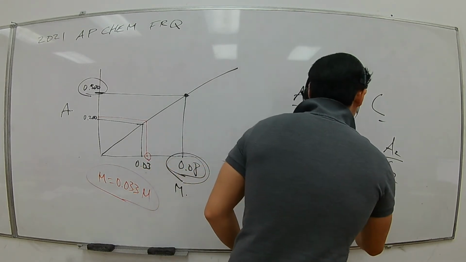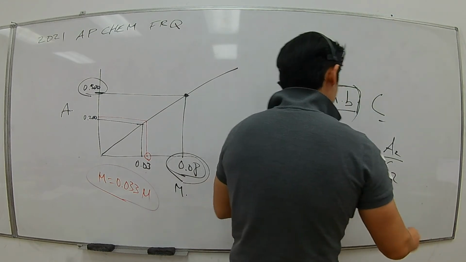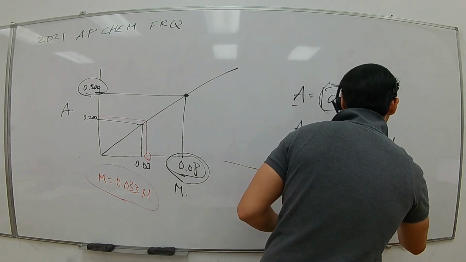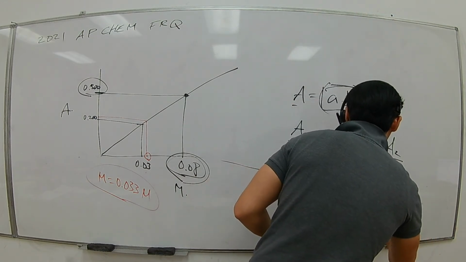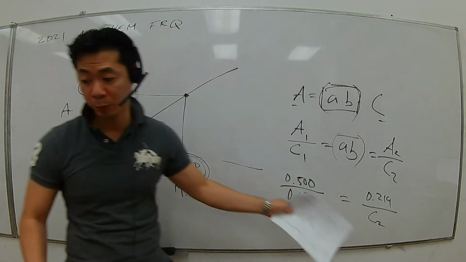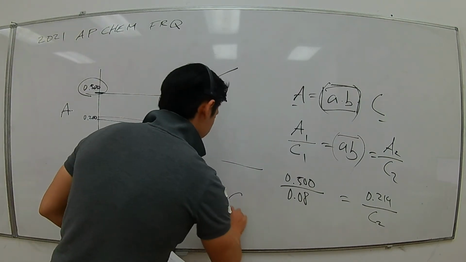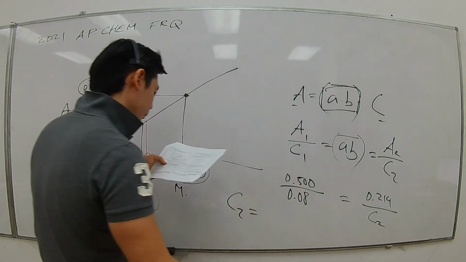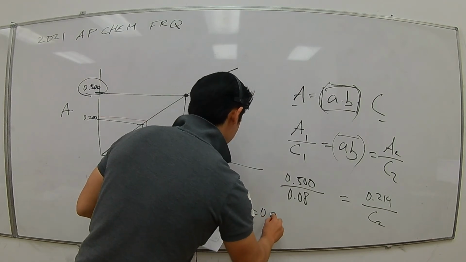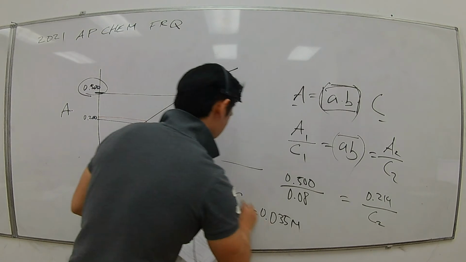And that's equal to the absorbency of 0.219. Then the concentration is what the question is asking. If you cross multiply and solve this, I got the concentration equal to 0.035 molar.